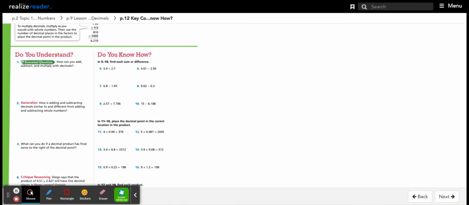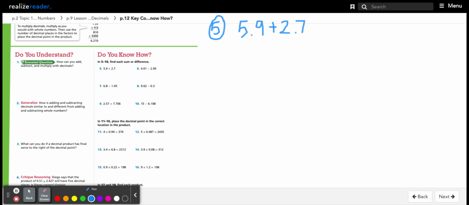Okay, so now we're just going to do 2 practice questions in our video, and then tomorrow in class we are going to do more practice together and then independently through an exit ticket. So the first question I want you to do is number 5. Please make sure you're numbering it in your notebook. Number 5 says 5.9 plus 2.7.